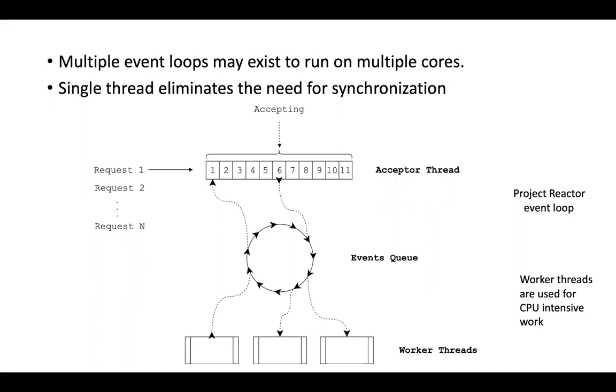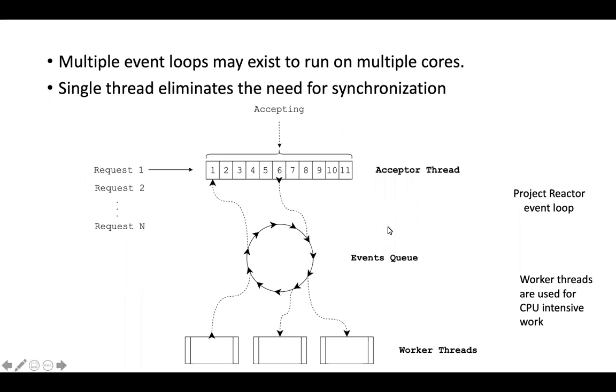The requests would be coming and they would be put into an acceptor thread queue, and then the event loop will be taking these events from this queue. If there's nothing, then it will just stay blocked. If some event comes, it will take it and execute it. If it's CPU intensive work, then it would give it to the worker threads. That's the model.